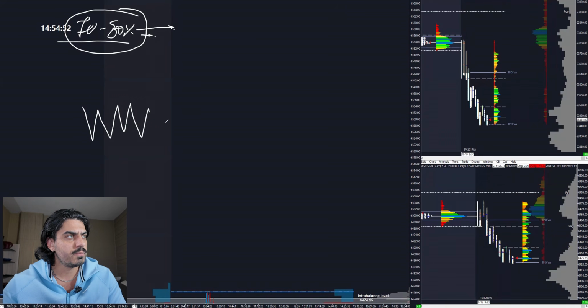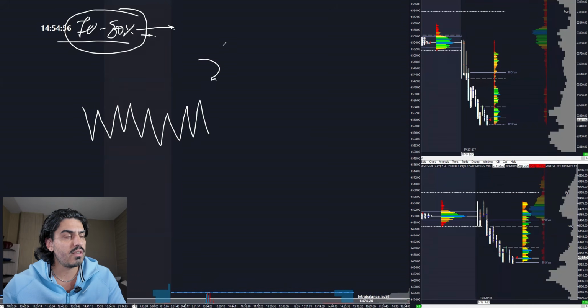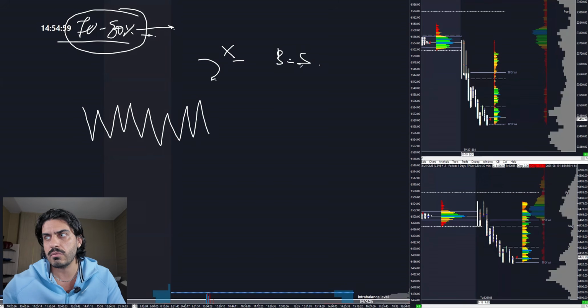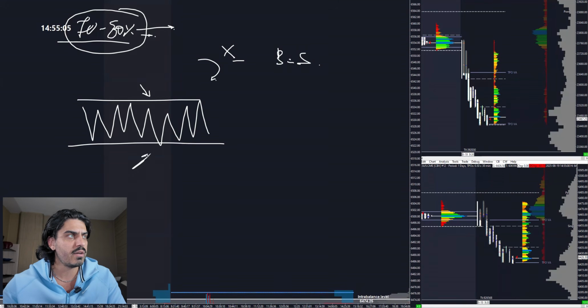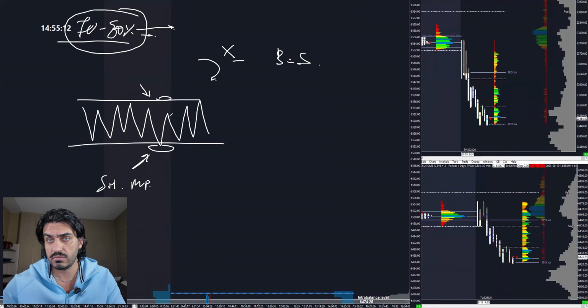So think of it this way: markets are moving in a range. And what happens in this range is that there's no new information, meaning that buyers and sellers are generally equal. You have sellers that are trying to hold the tops, you have buyers that are trying to hold the bottoms, and these are the strong-handed market participants that try to hold the extremes of this range to keep things in that same spot.